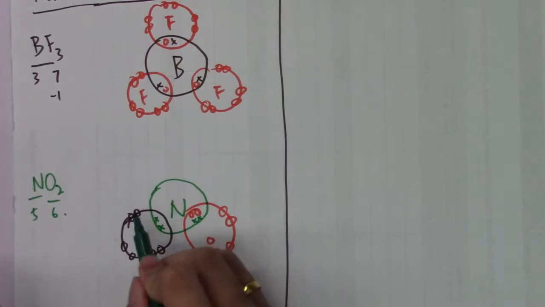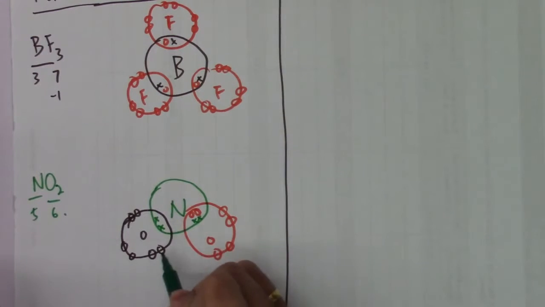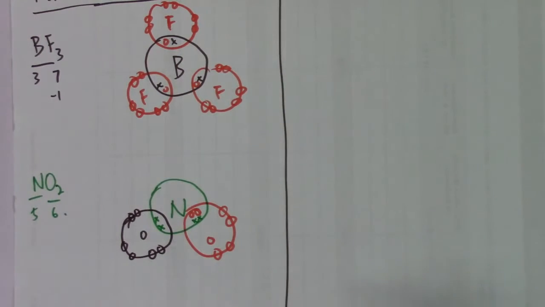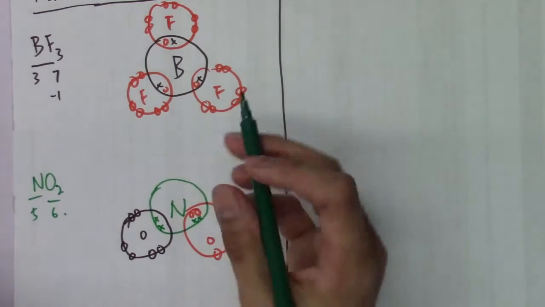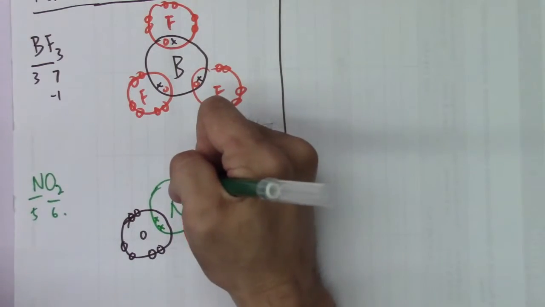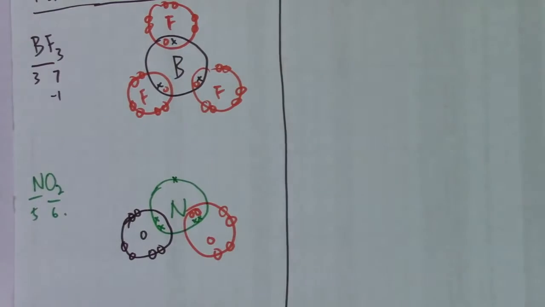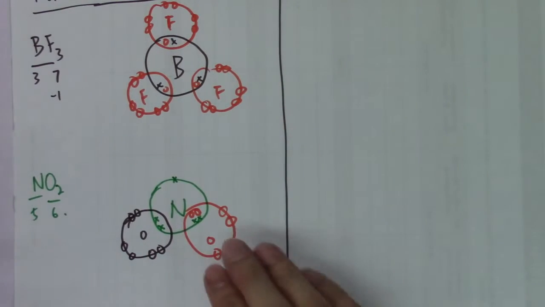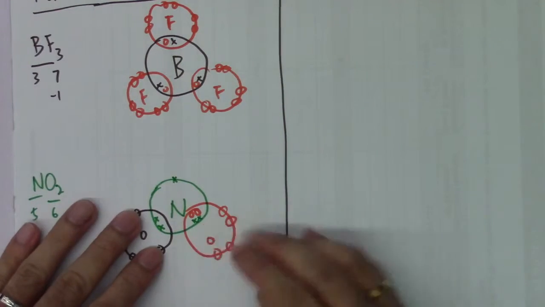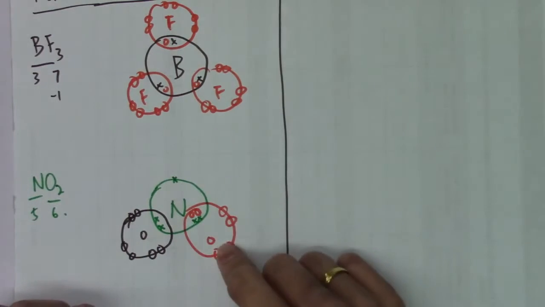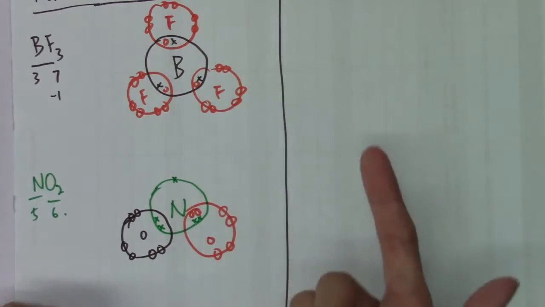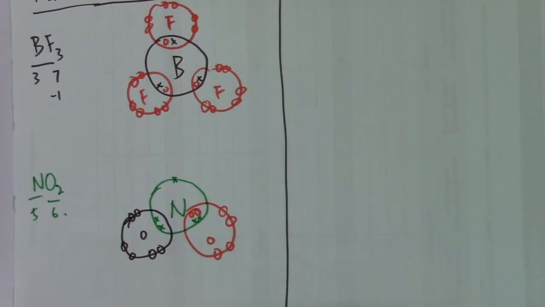So you notice for this oxygen, 1, 2, 3, 4, 5, 6, 7, 8 electrons is already an octet. But this nitrogen has 1 more electron left. So when you count the total number of electrons, this NO2 compound has a total of 7 electrons, so it's not an octet as well.